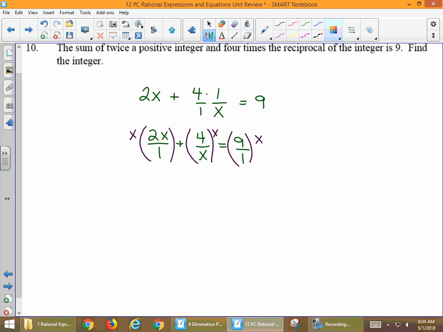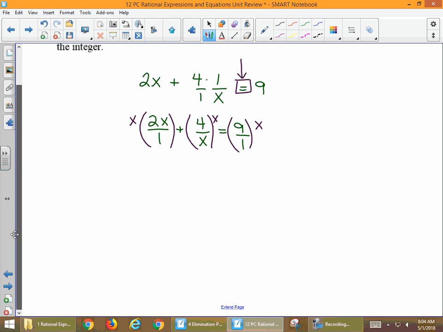And the reason we can do this is because of this equal sign. Equal sign is a game changer. Okay, so first term, I just have a 1 in the denominator, so I have x times 2x, 2x squared. Second term, I have 4x over x. My x's cancel.